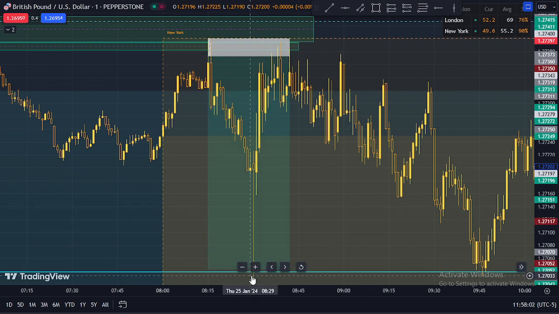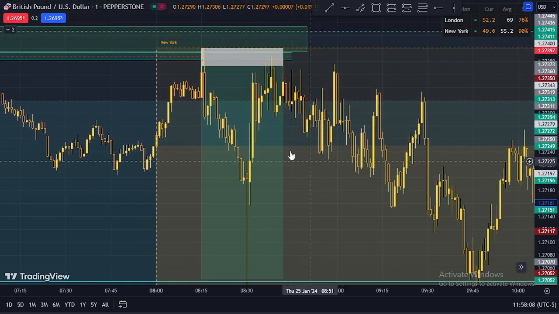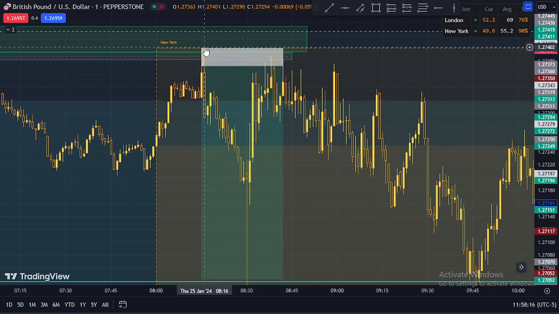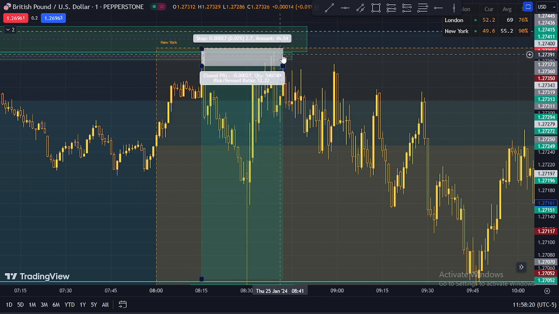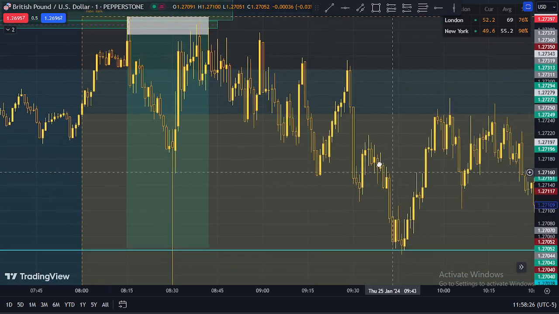You could have also gone long on this, aiming again for that high, which we later came in, hit that high. We didn't take out that high. We hit that, we hit again the fair value gaps, and then we moved correctively to the downside.